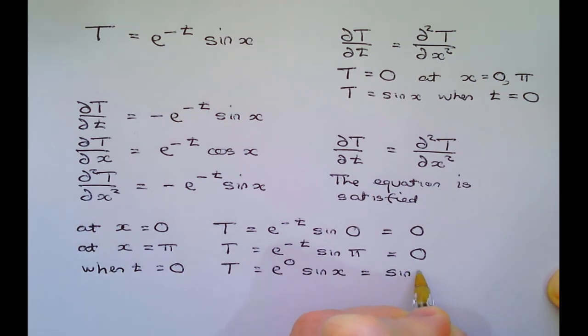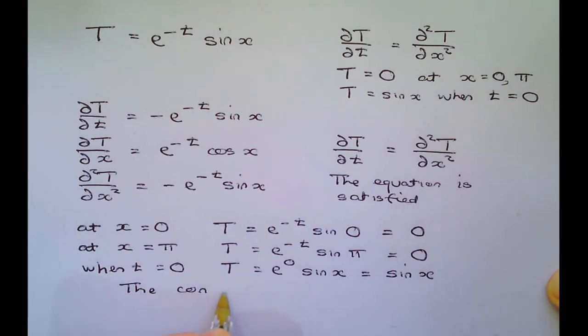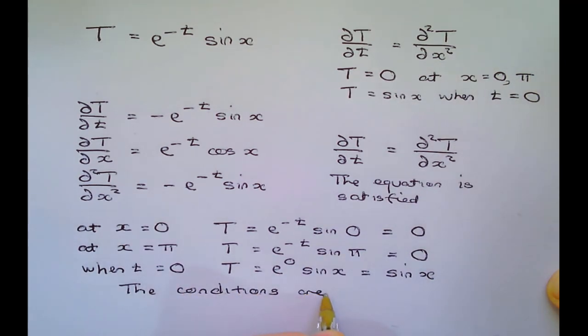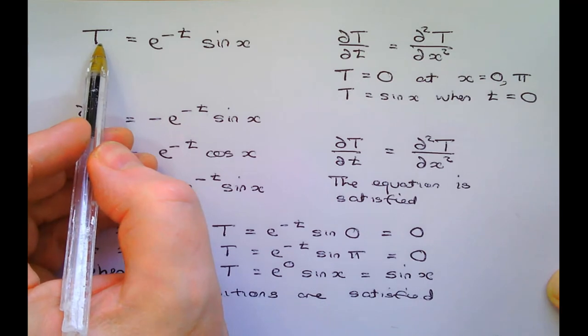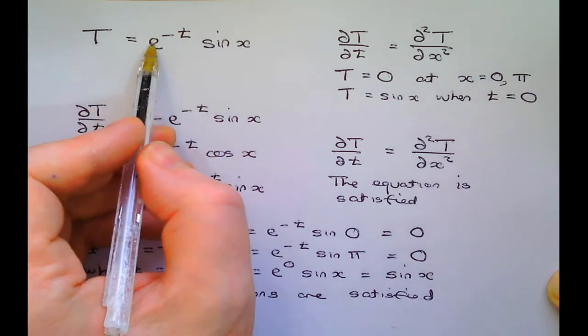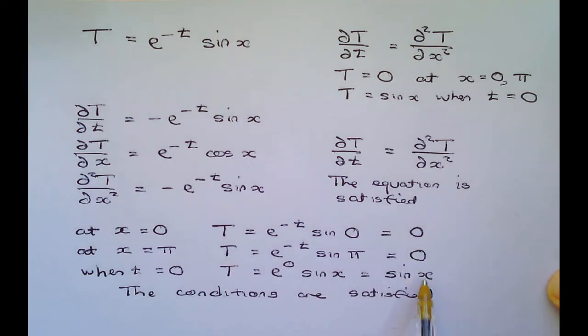So we simply have that T is equal to sine x, so we say that the conditions are also satisfied. So our temperature profile here does indeed satisfy the equation. It does indeed satisfy the conditions.